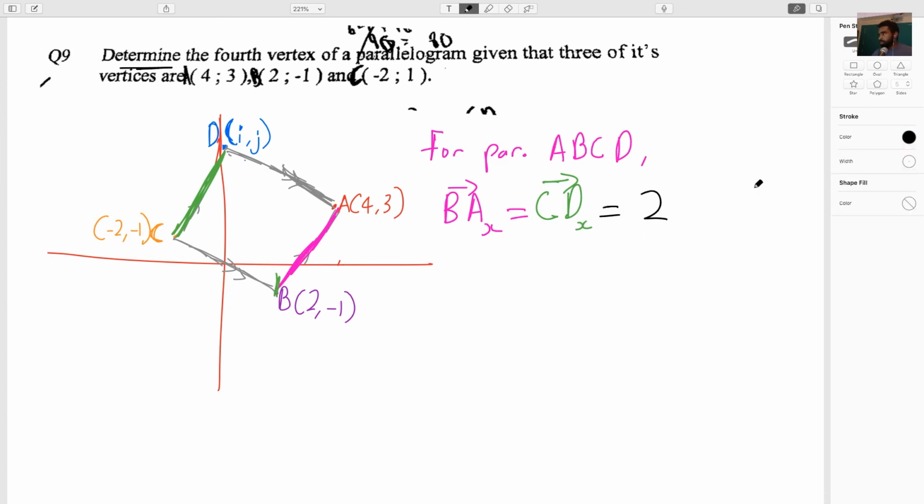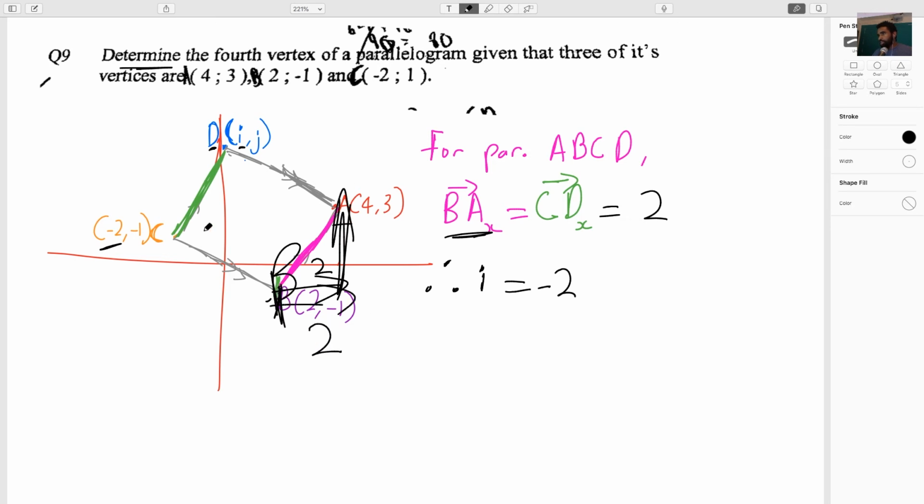And therefore for the point D, I is equal to minus 2, and then we add this vector, the vector 2 that we just figured out. B to A in the x direction is 2, and it's the same as C to D in the x direction.